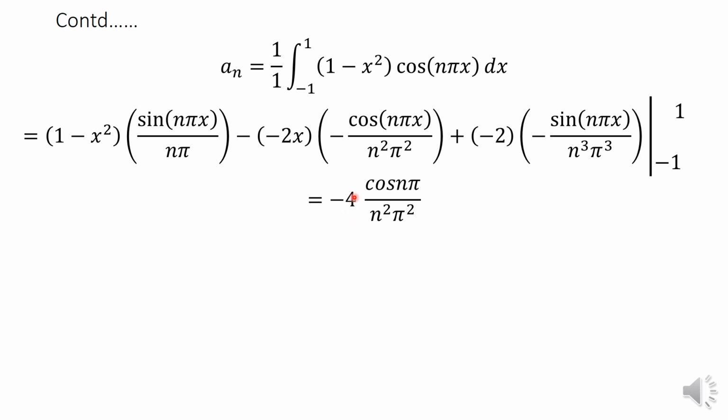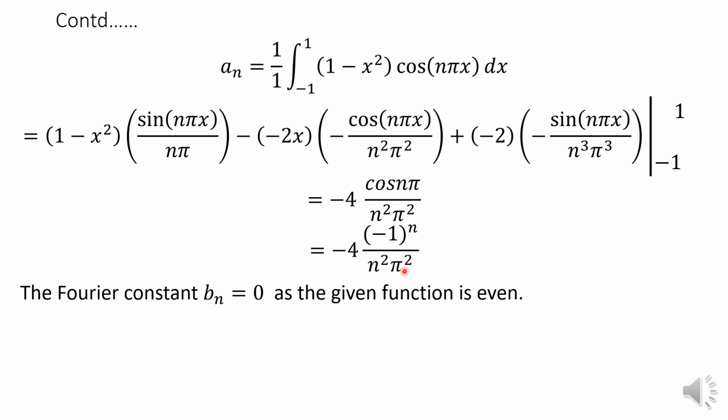Therefore the upper limit gives minus 2 cos n pi by n square pi square, and minus the lower limit is also minus 2 cos n pi by n square pi square. Both get added up, we get minus 4 cos n pi by n square pi square. And note that cos n pi is minus 1 to the power of n. So we get minus 4 into minus 1 to the power of n divided by n square pi square. This is the Fourier constant an.